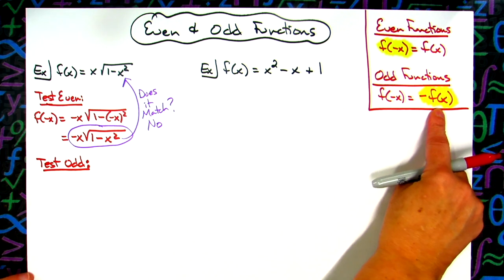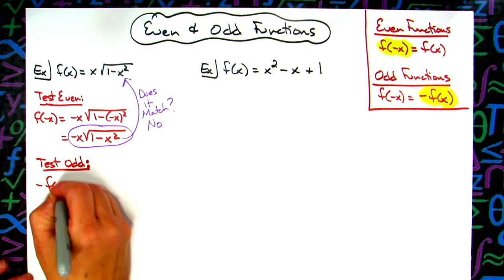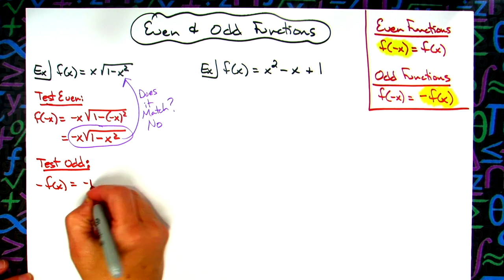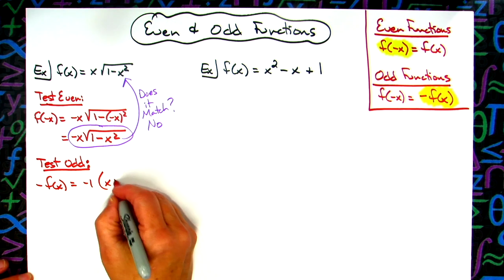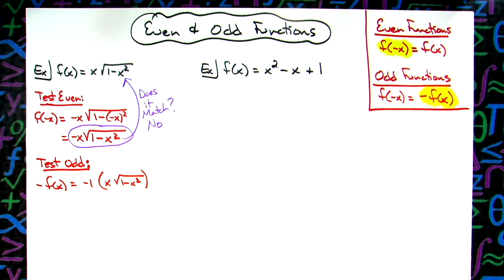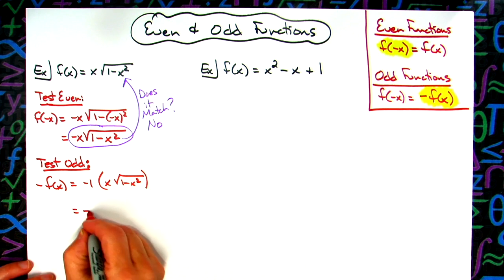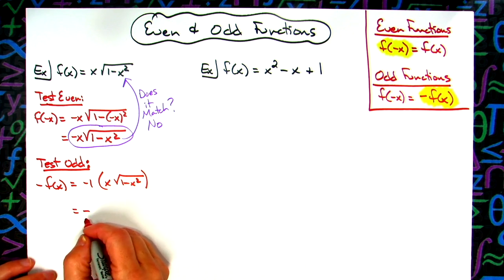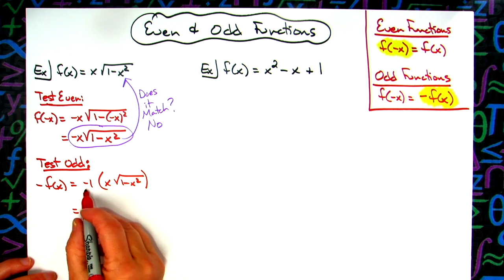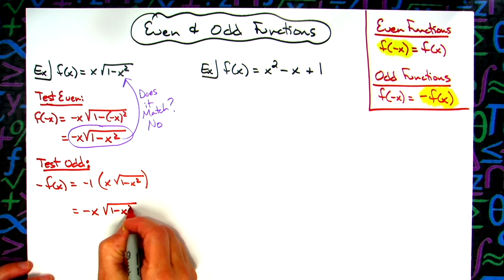Now I'm going to take a negative and multiply it by my function. So negative f of x is going to be basically a negative 1 times x square root of 1 minus x squared. A positive times a negative makes the overall quantity negative. So I'm going to have negative x square root of 1 minus x squared.